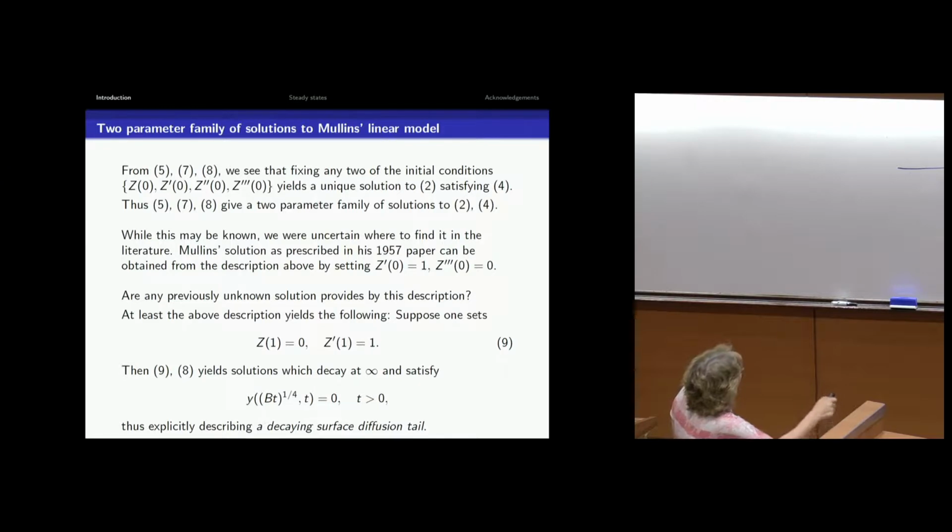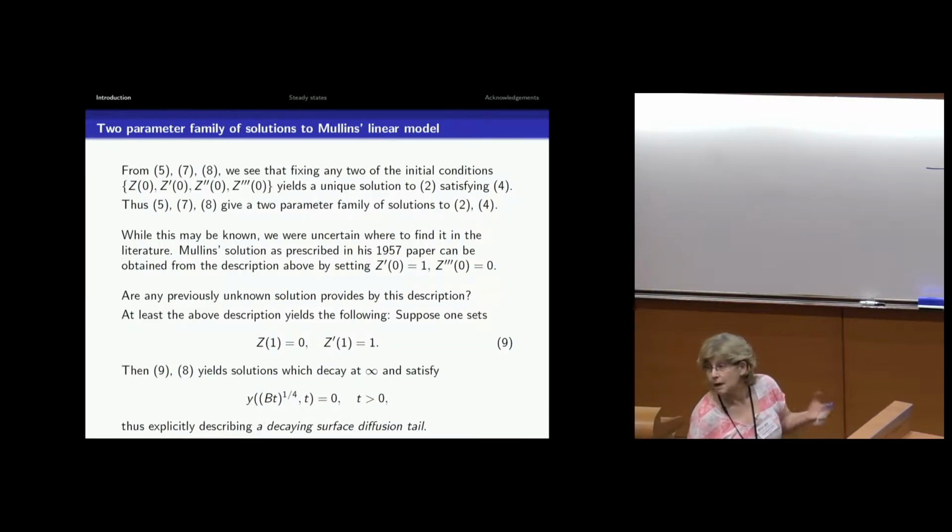So we set the condition at 1, where 1 we're really taking as an arbitrary value along the axis. We say, suppose at 1 the profile has 0 height. And then suppose we dictate the derivative there as being 1.